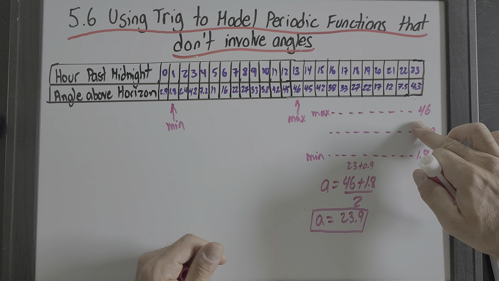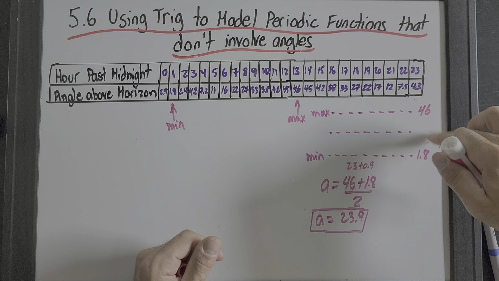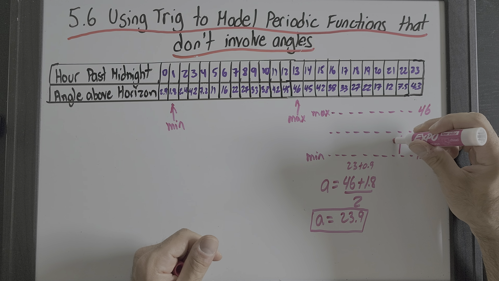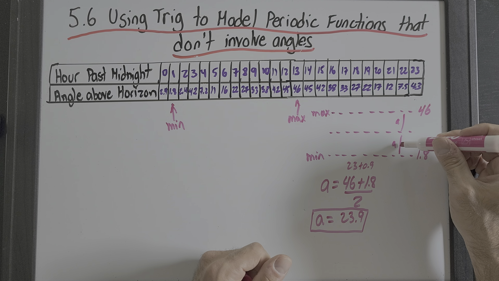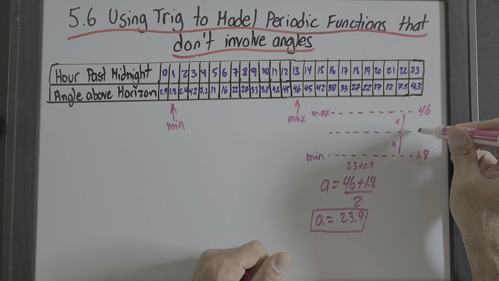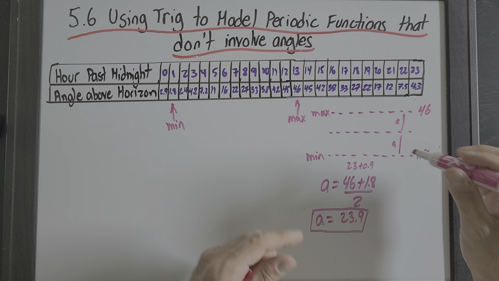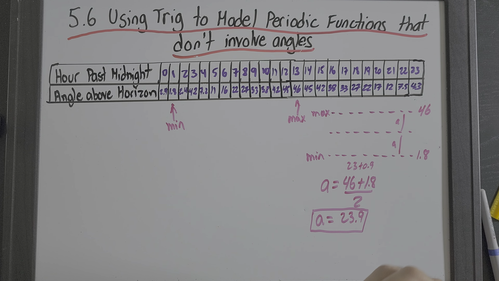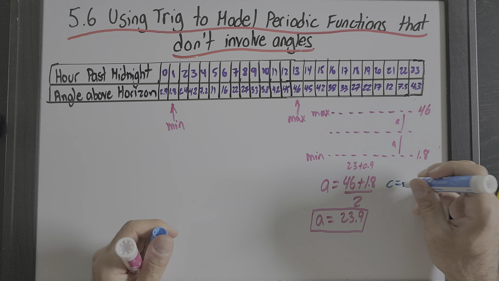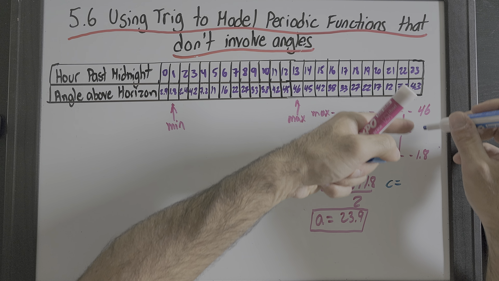No, sorry, that's like the A value. That's the bounce, not the C value. Okay, this is this distance. This is A, 23.9. If I know this is 23.9, I can add it to 1.8. I can subtract it from 46, or I could just come up with the C value using the equation for the C value. So C value is max minus min divided by 2.